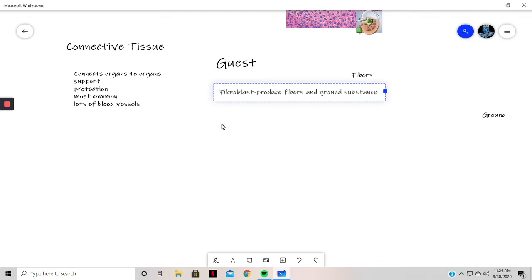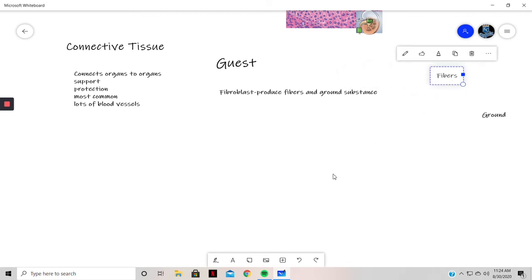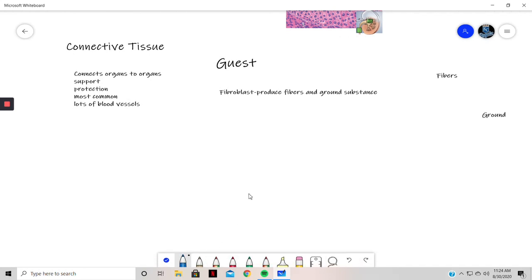I'm going to have to move that word fibers, so let me close this out and move this now so it doesn't get in our way. But when we're talking about produced fibers and ground substance, we're going to talk about those. There's fibers, there's ground substance. So if you're thinking, what the heck are those?